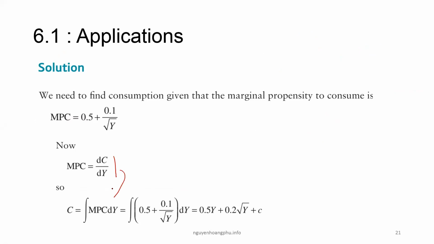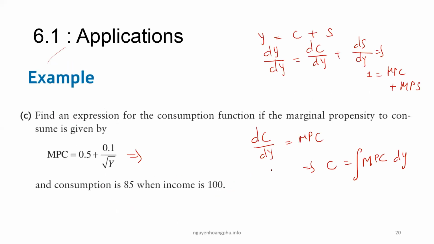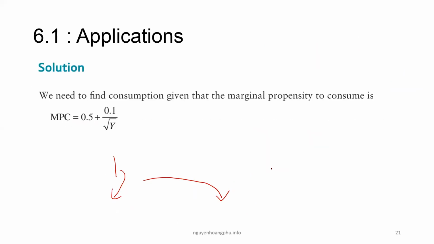So you have this one, and then you have 0.5Y plus 0.2 square root of Y plus C. So C is a function of income as well. And they said consumption is 85 when income is 100.